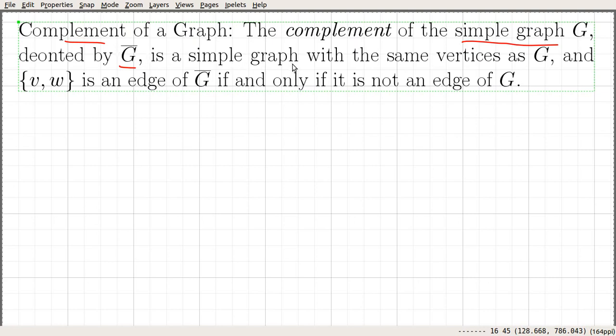It is again a simple graph with the same vertex set as G, and there is an edge in G bar if and only if it is not an edge in G. Let me explain the definition with an example.